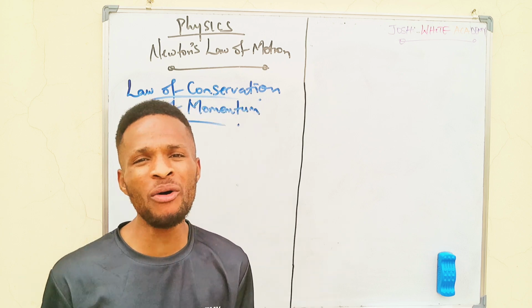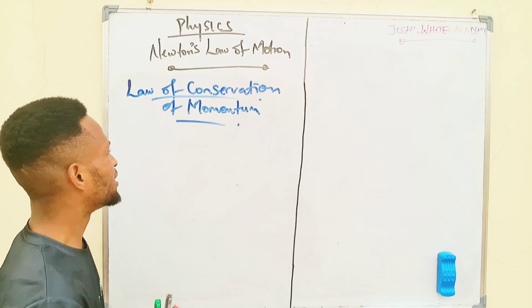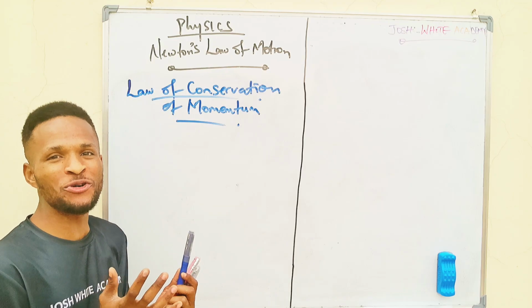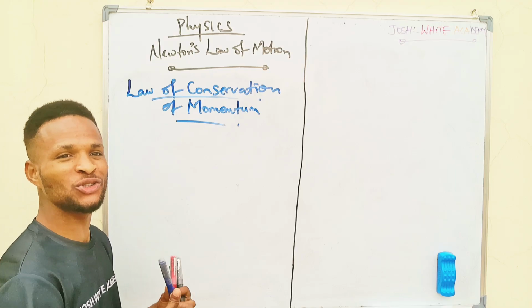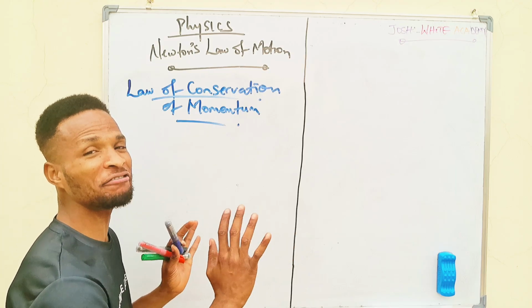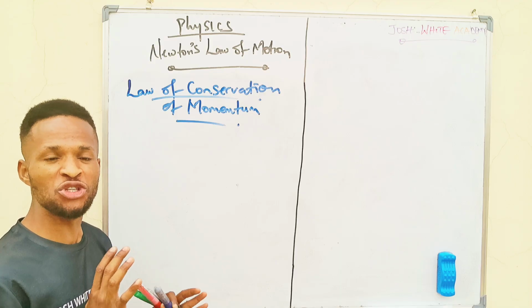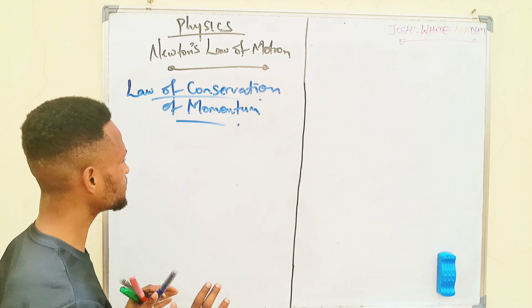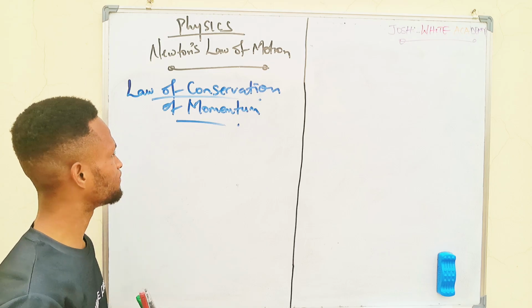In another way, it states that the total momentum before collision is equal to the total momentum after collision, provided there is no influence by an external force.